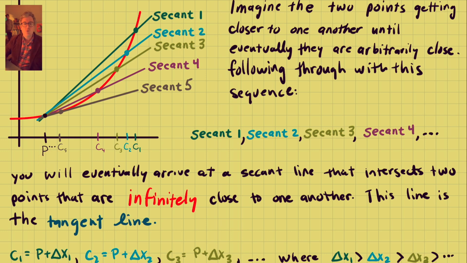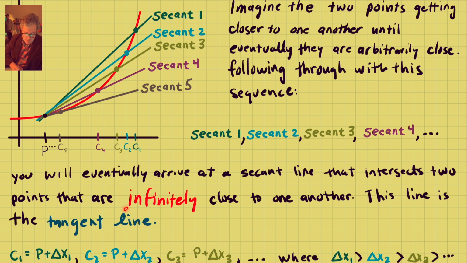Now, eventually, as I iterate through all of these points and get closer and closer, we'll find ourselves in a situation where the secant line intersects 2 points that are infinitely close to one another. I put that in air quotes, so be careful with the way you think about it. But the idea is that they're so close you can't tell; they look like they're right on top of each other. They're infinitely close, air quotes again.